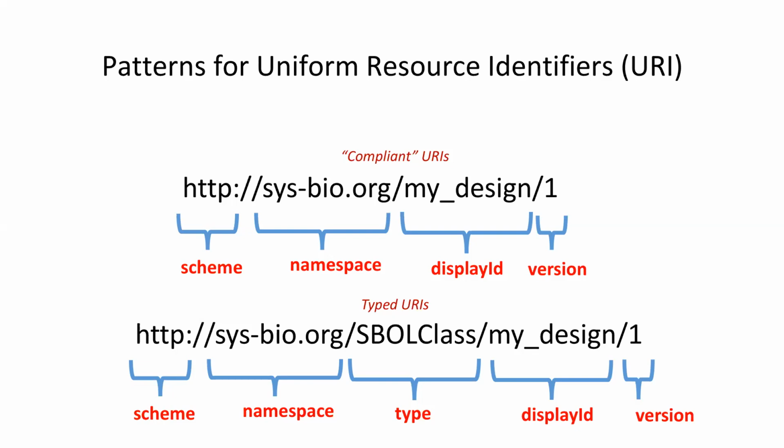Anyway, when you're just working in the PySBOL API, the typed URIs allow for some shortcuts. The only difference is the type of the object that is being represented. So for example, component definition is inserted into the URI automatically. I think for the examples in the Python notebook, it just uses these typed URIs.